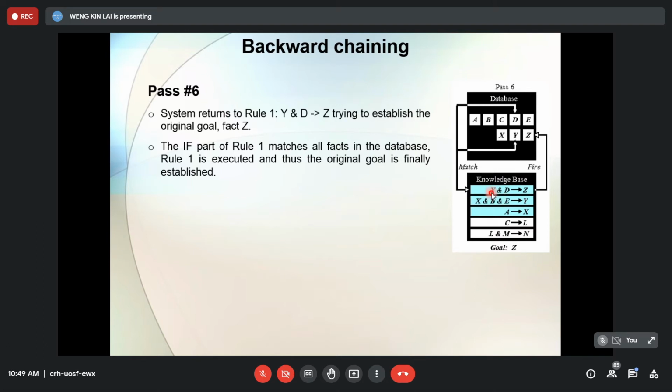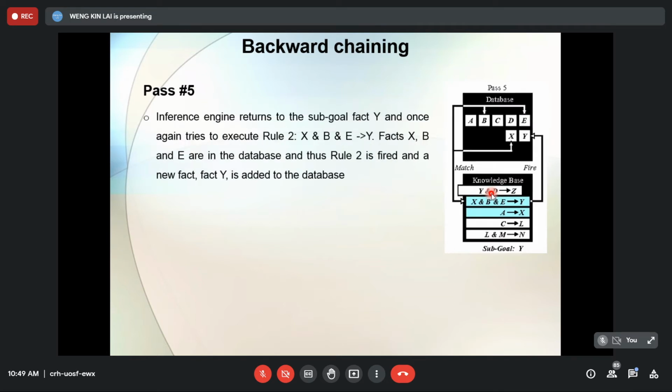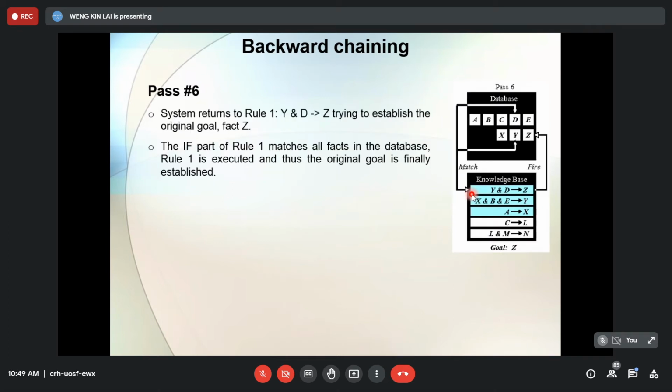So there's only one left, the first one, Y and D. The system now returns back to your stacked rule, which is rule number 1, and tries to establish the original fact which you're trying to find, which is Z true. Z is only true if Y is true and D is true. You have your D, and Y has just been added because of rule number 2 being fired.